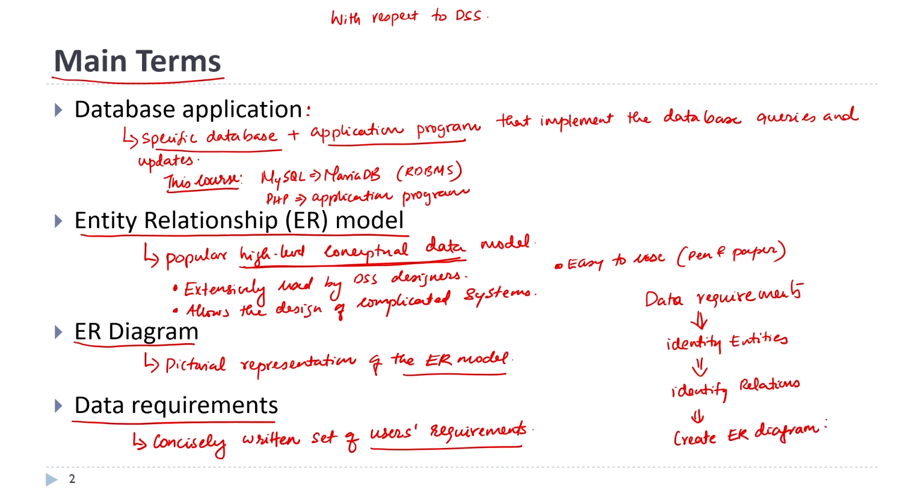Okay. So, that is how we go. The ER diagram is the pictorial representation of the ER model. The entities and relations, we will see what the definitions are, and the data requirements are the concisely written statements of the user requirements. Okay. Hopefully, you understand this part now.